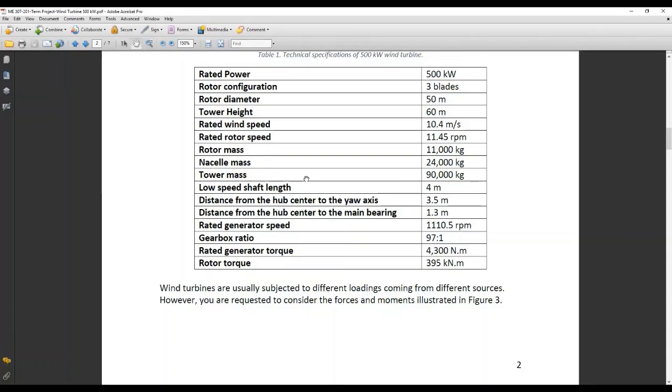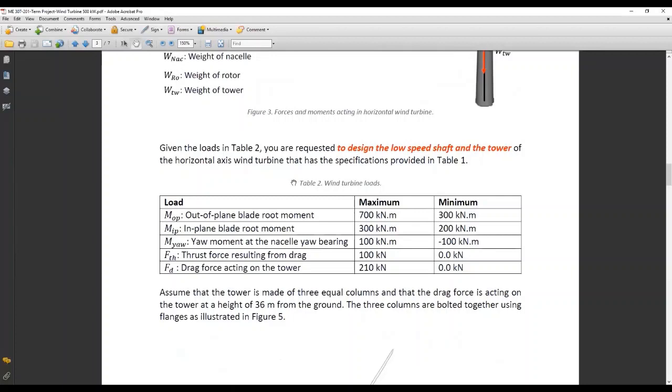We didn't just put values to make it easy or difficult. These are reasonable values we obtained from manufacturers, papers, research and so on. So we tried our best to make it suitable to your level. Okay? I think this is enough.